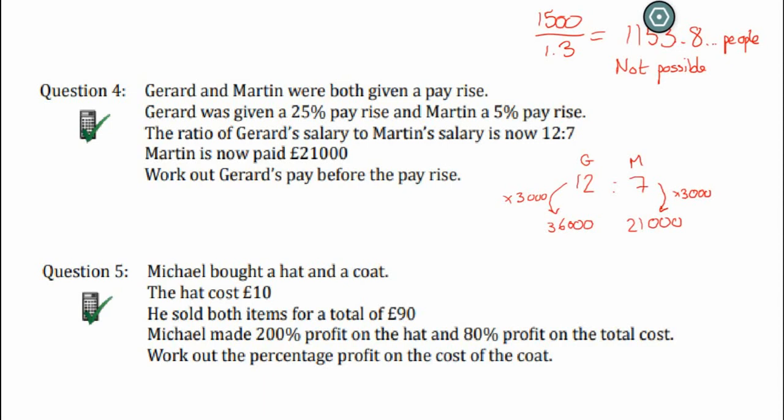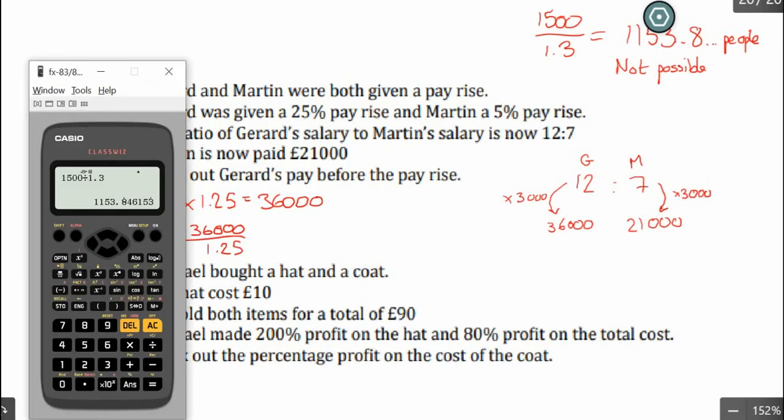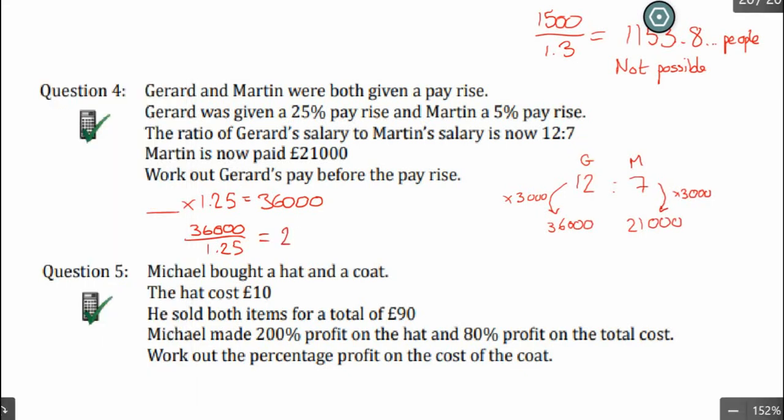So something times 1.25 is 36,000. So to work out that amount, 36,000 divided by 1.25. £28,800. That's what Gerard got paid before.